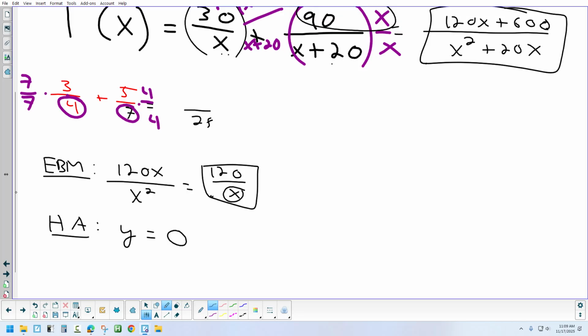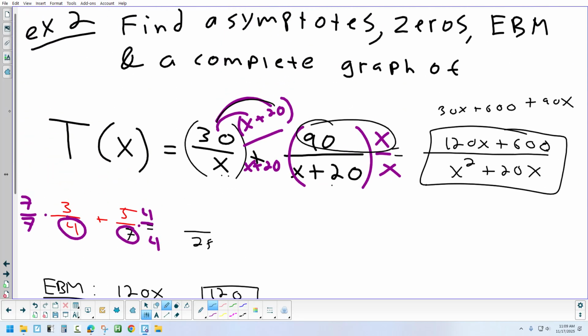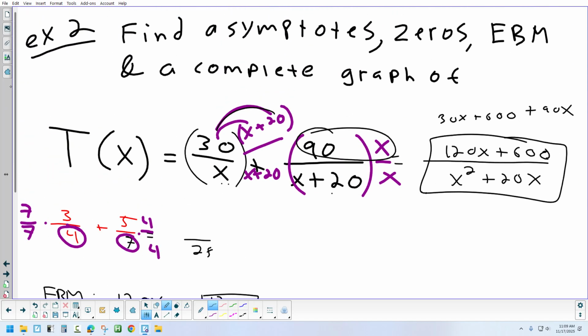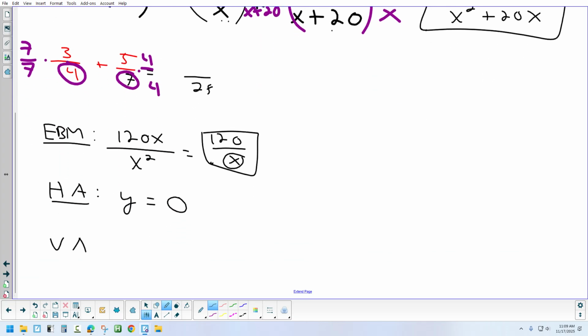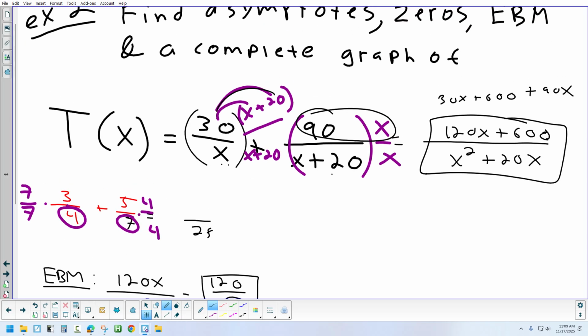Okay, so we've got our EBM. We've got our horizontal asymptote. We didn't do any vertical asymptotes yet. How does the equation of a vertical asymptote start? X equals. And the vertical asymptotes are the numbers that would cause the denominator to come out to what? 0. For that, it's easier to go back to the original rather than the combined one.